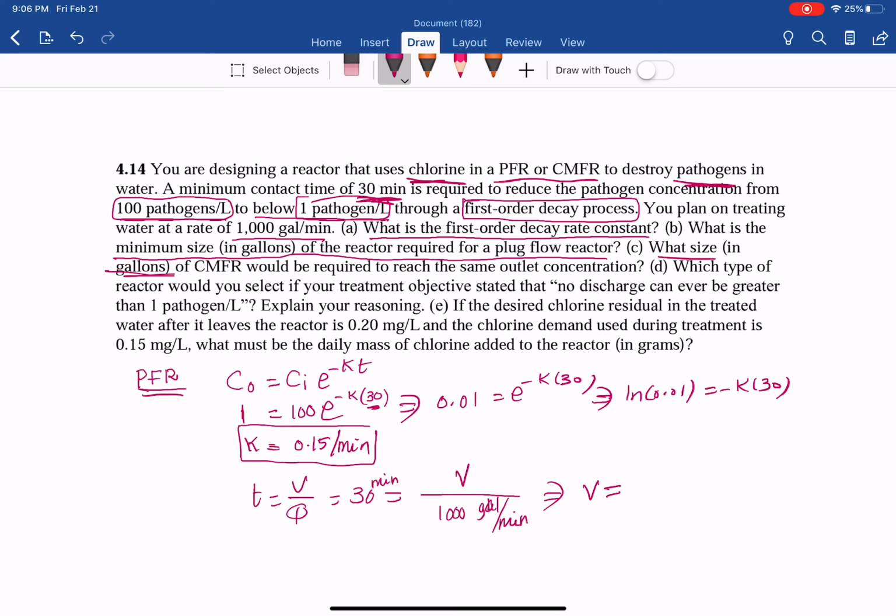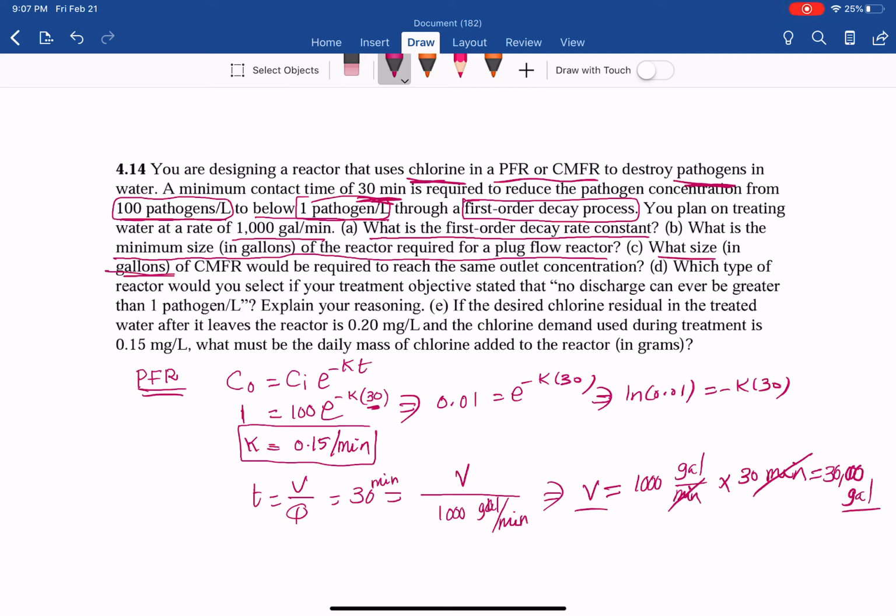Volume is equal to 1,000 gallons per minute times 30 minutes. So this is going to give you a volume of 30,000 gallons. So this is the size. So the volume of the plug flow reactor will be 30,000 gallons.